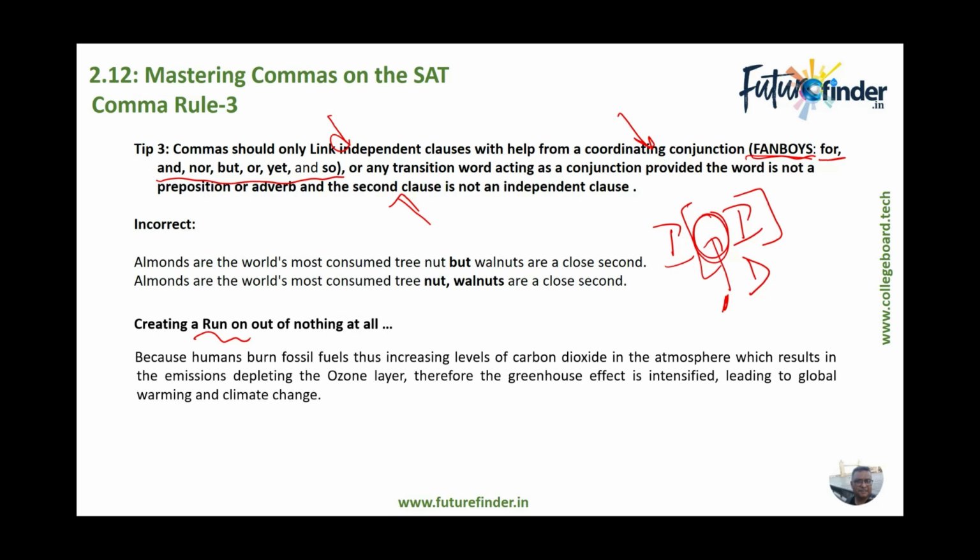Therefore, the greenhouse effect is intensified, leading to global warming and climate change. Wow, what a sentence. But if you look at the sentence closely, you will find that it starts with a because, and hence this definitely gives rise to a dependent clause. And the second part also starts with a therefore after the comma, and hence the two dependent clauses. There is no independent clause in the sentence at all. So this kind of a sentence is absolutely incorrect. You cannot have a sentence without an independent clause.